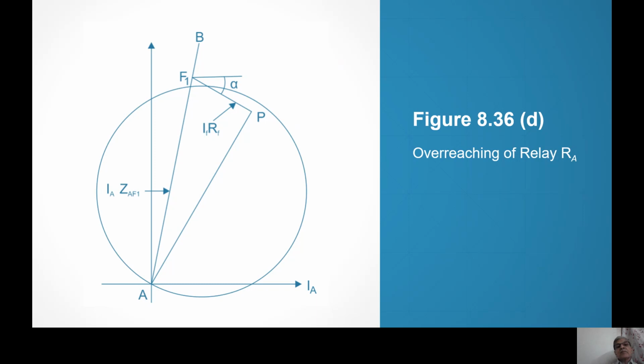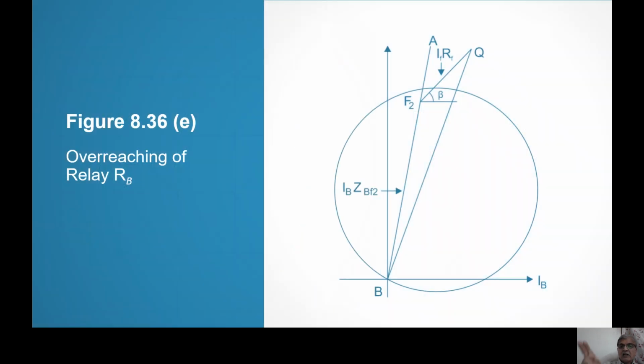It is overreaching. Overreaching occurs for the zones when this line is fed from both ends and when there is a vector relation where IA and IB are not in phase. This happens. At end B, what happens? At end B, the reverse thing happens.